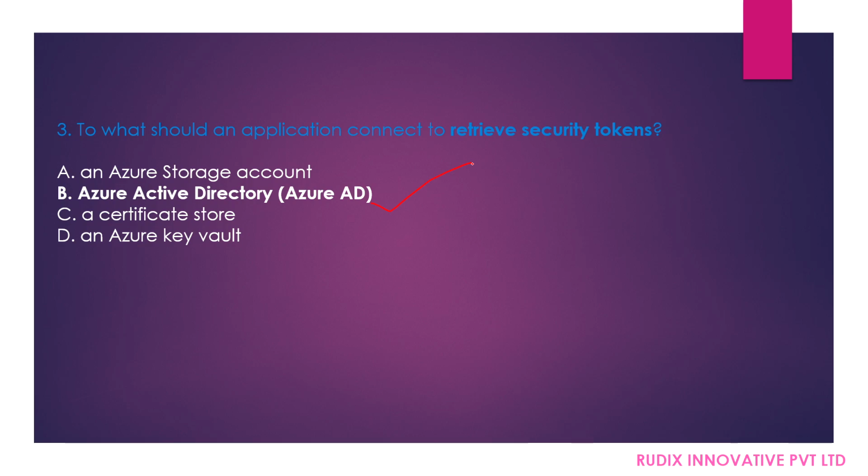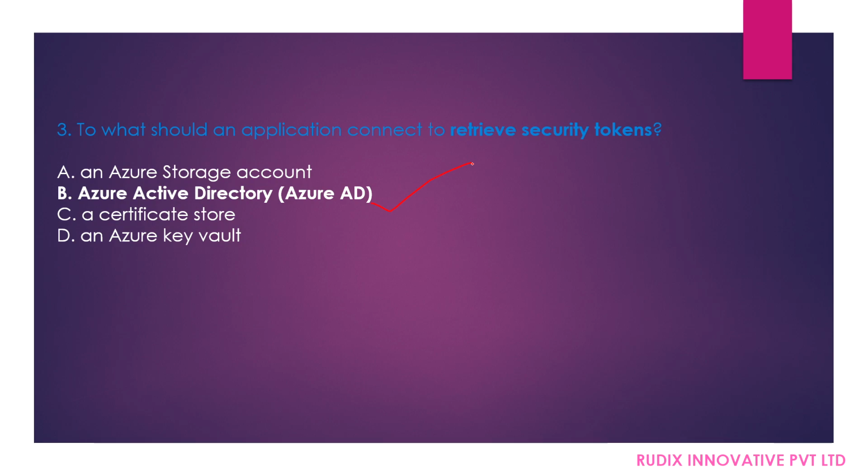Options A, C, D are not typically used for retrieving security tokens. An Azure storage account is used for storing data, not for managing authentication or tokens. Certificate store is used to manage digital certificates and cryptographic keys used for securing communication, but not for retrieving security tokens.